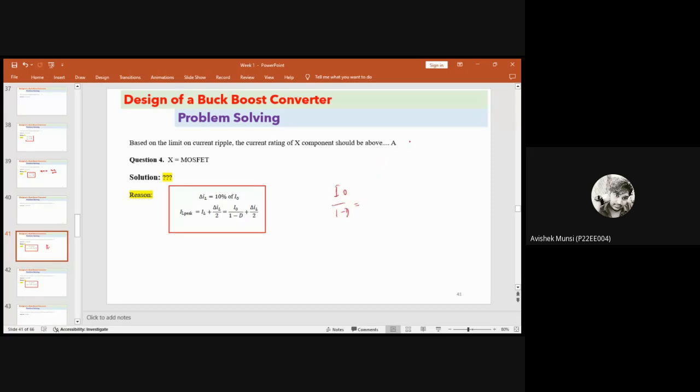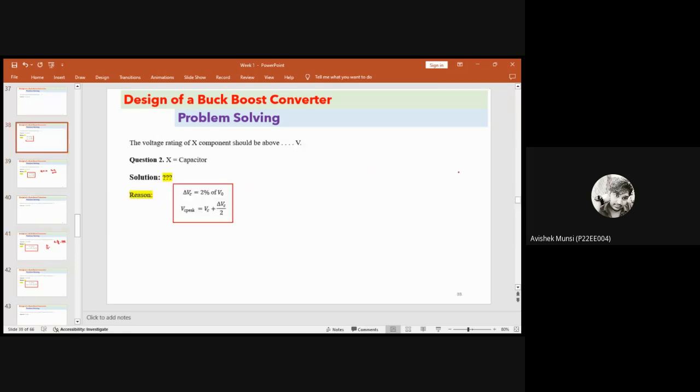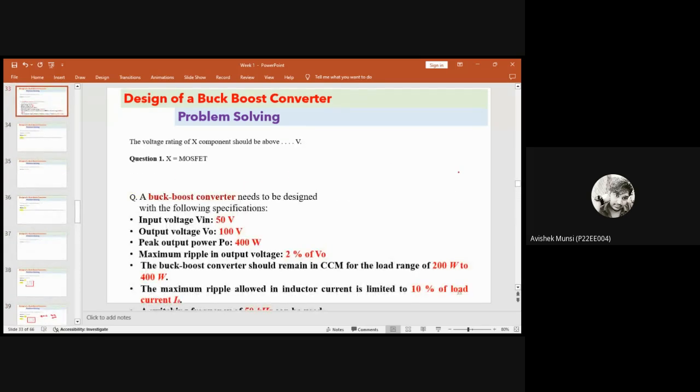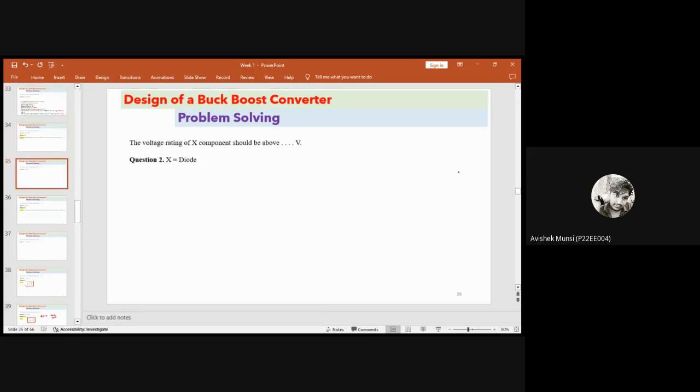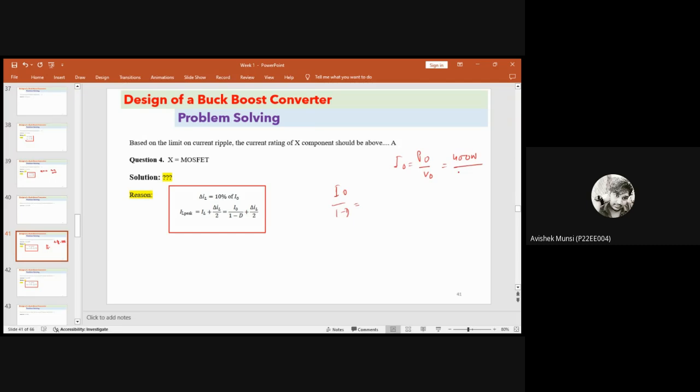What will be I0? That is the total power by voltage. The total power maximum is 400 watt. The output voltage was what? 100. So it is 4 amp.